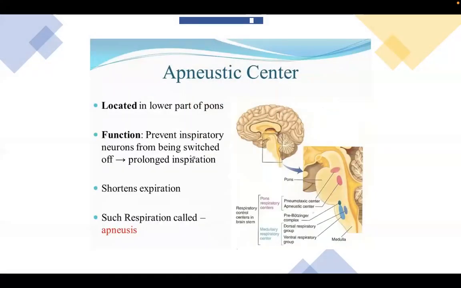Okay, so here the apneustic center shortens expiration and is responsible for prolonged inspiration. Apneustic: prolonged inspiration, shortened expiration.